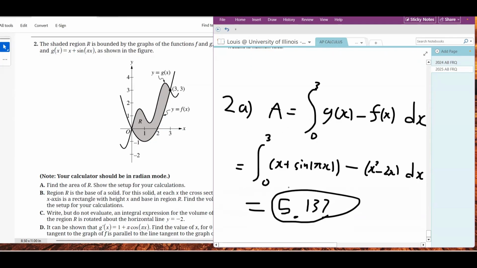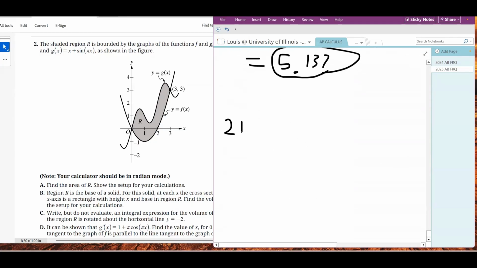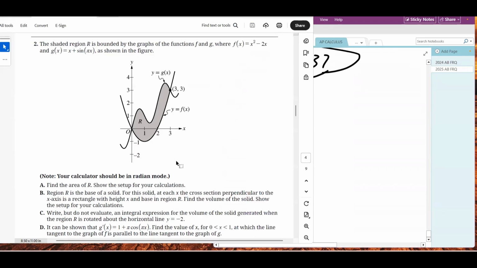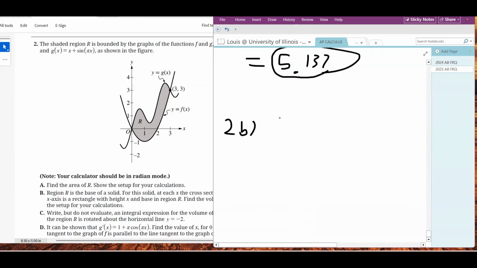All right, moving on to 2b. Region R is the base of a solid. For this solid, at each x, the cross-section perpendicular to the x-axis is a rectangle with height x and base in region R. Find the volume of the solid. Show the setup for your calculations. So from geometry, we know that the area of a rectangle is going to be base times height.